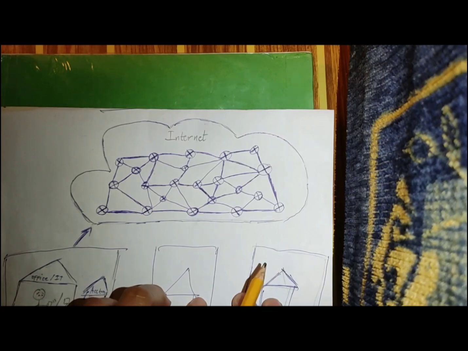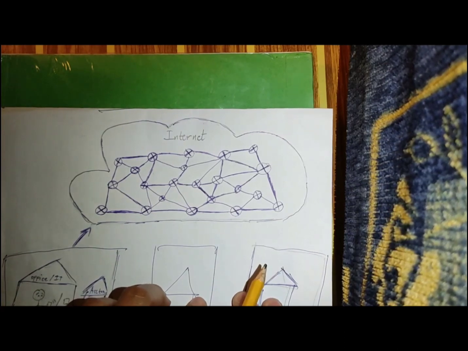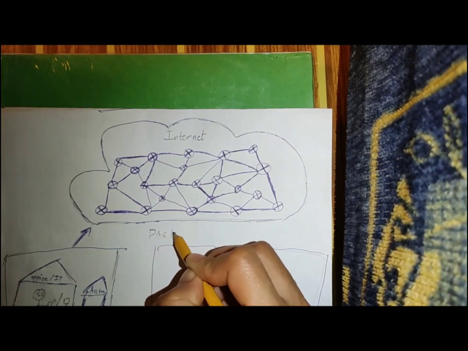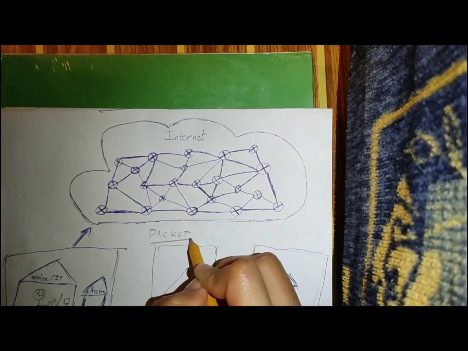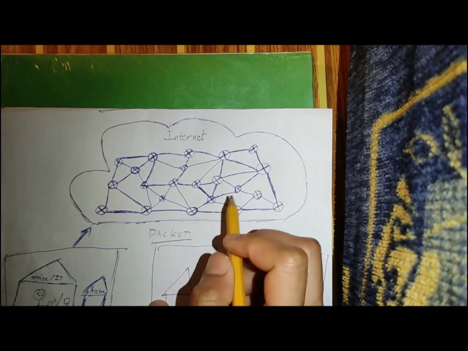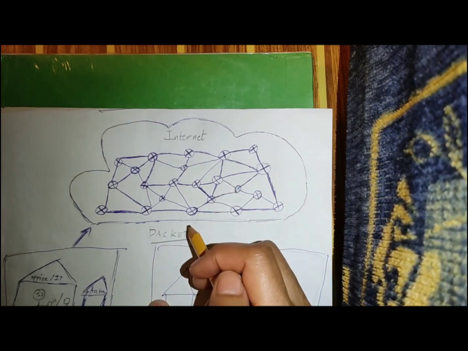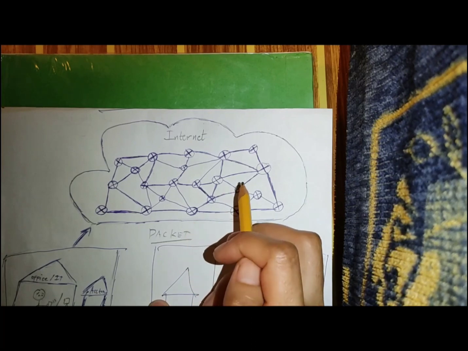Now let's visualize the process of how a packet moves over the internet. In computing, a packet is a unit of data generated by a computer, then sent over a network.